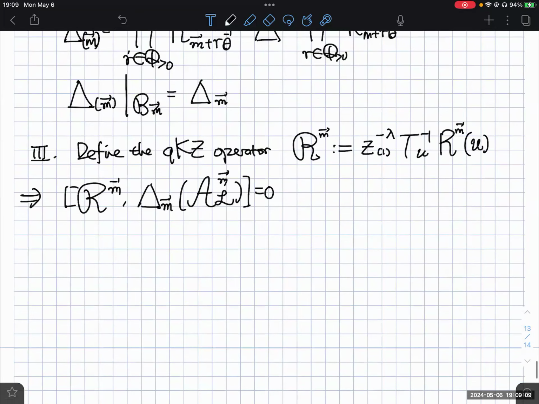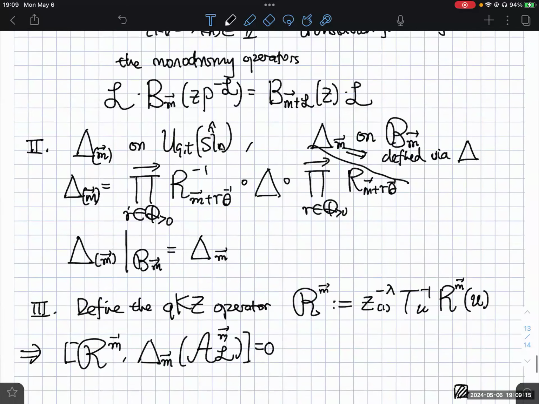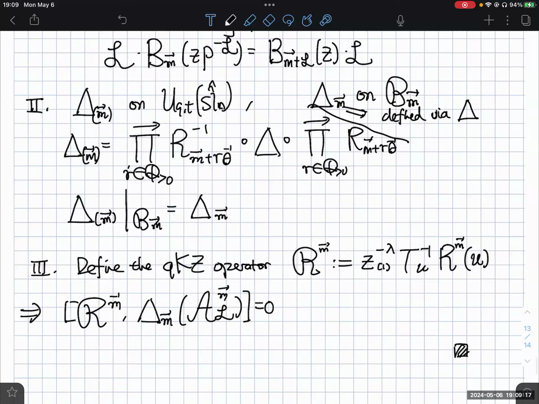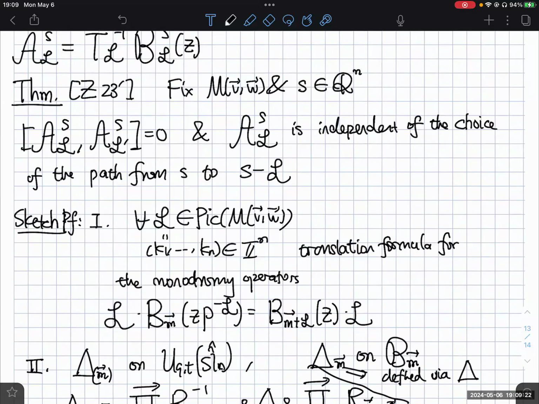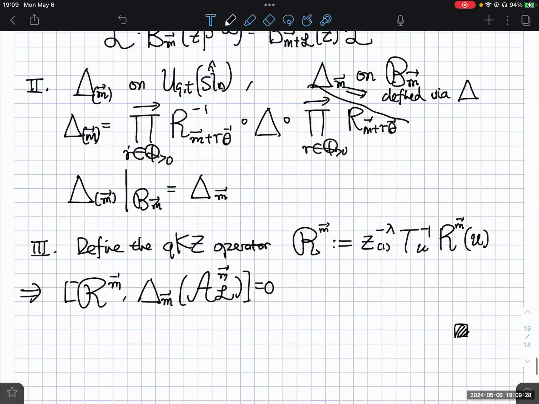And combined with these three steps, you can just finish the proof. So this is the sketch of how you prove the holonomicity of these difference operators and the independence of the path.